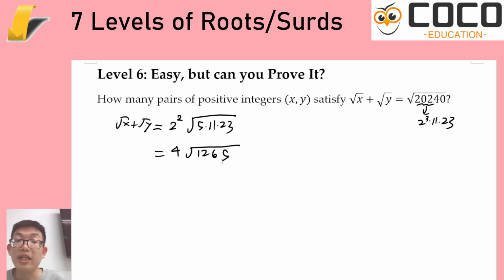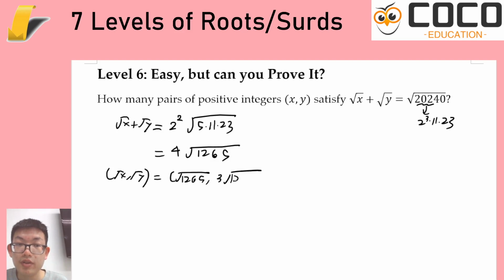Now the claim is that once you have pulled out as much as you can out of the square root, square root x and square root y are going to just share some number of copies of the square root 1265. So 1 and 3, or 2 each, or 3 and 1.